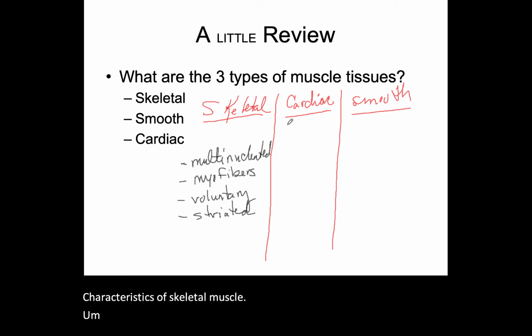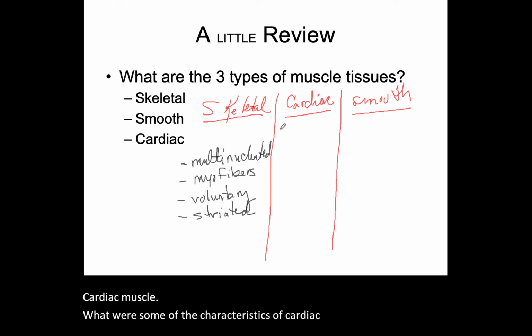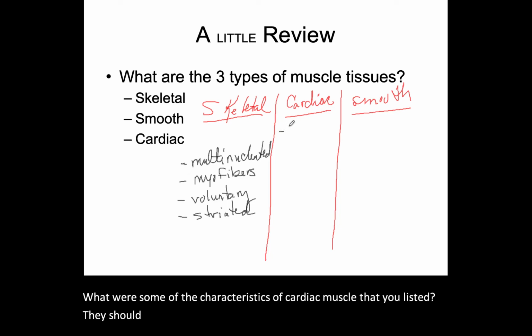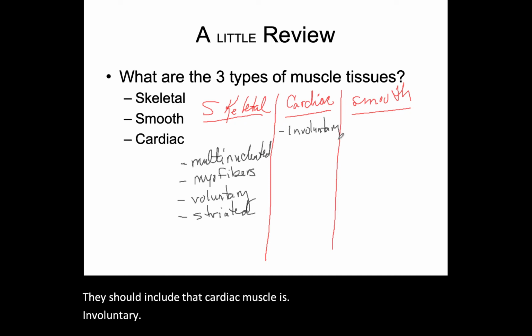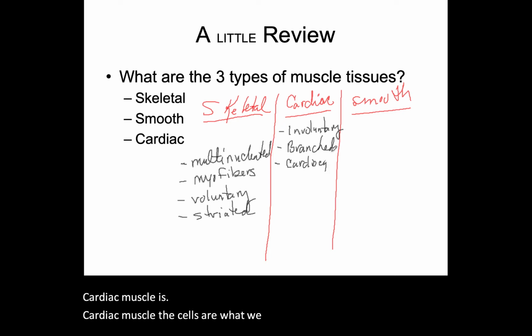Cardiac muscle. What were some of the characteristics of cardiac muscle that you listed? They should include that cardiac muscle is involuntary. Cardiac muscle is branched. The cells are what we call cardiocytes.